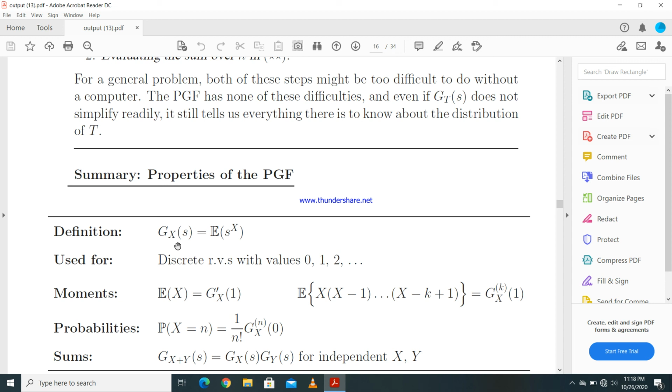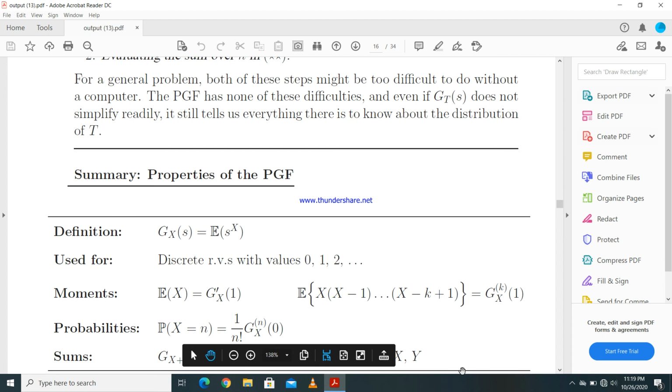If you want to find the expectation, you differentiate the probability generating function and substitute 1. For other moments, if you differentiate k times and substitute 1, you get the expectation of X(X minus 1) up to (X minus k plus 1).